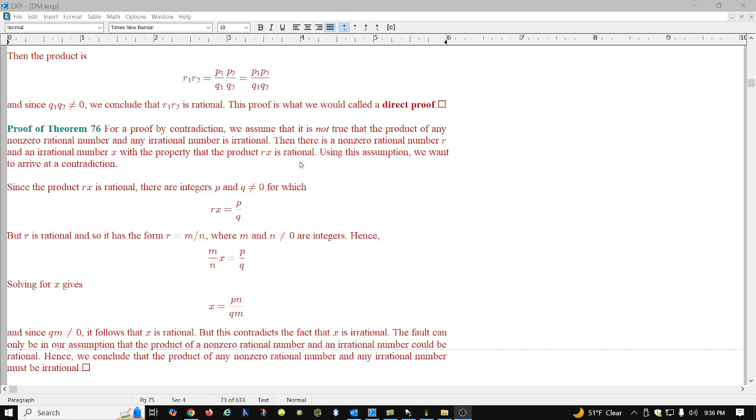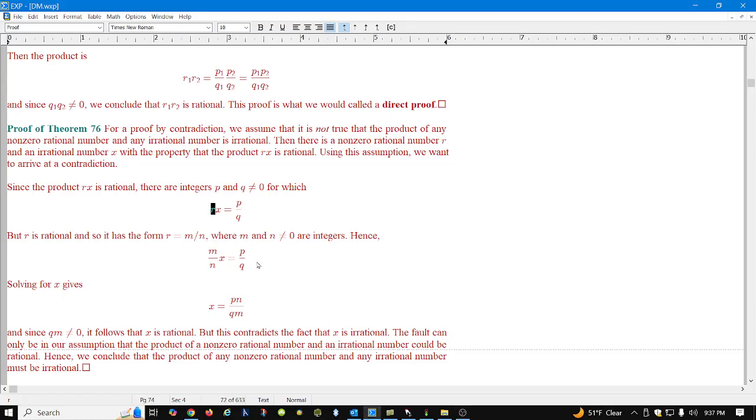And we want to find a contradiction. Well, since the product is rational, there are integers p and q, q not 0, for which rx equals p over q. But r is rational, and so it has the form, say, m over n. We make that substitution here.